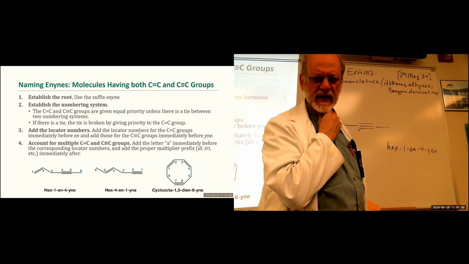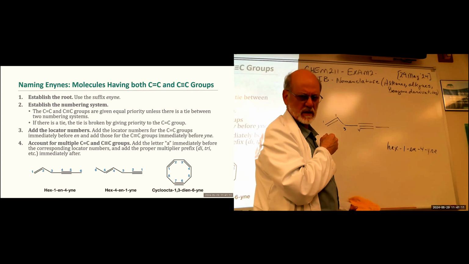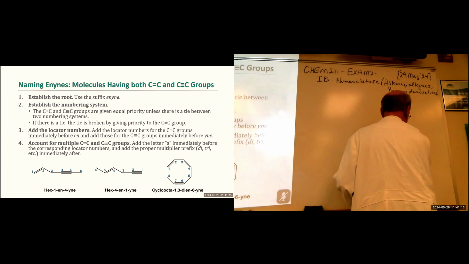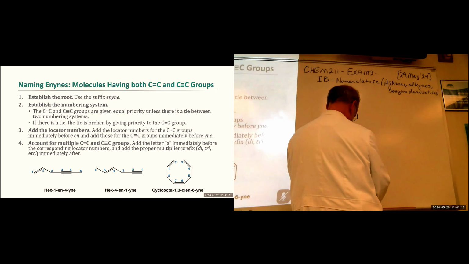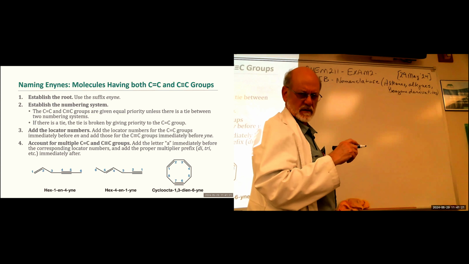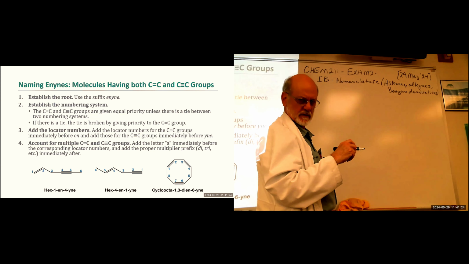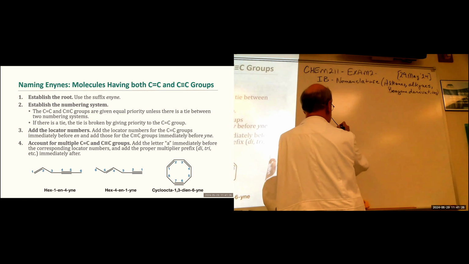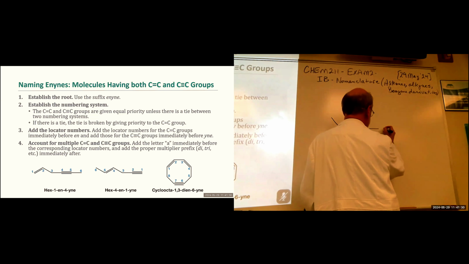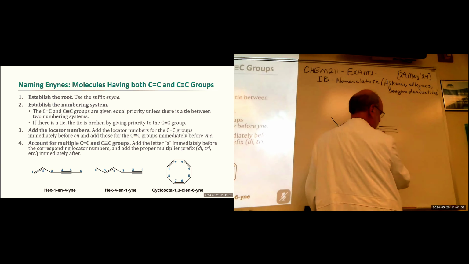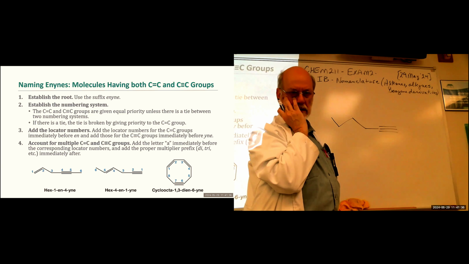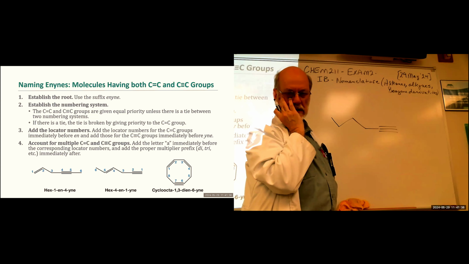Now what do we do with that second one? I guess there's not a tie. There's still 6. But we do 1, 2, 3, 4. And then this one, and then a triple bond on the end. Okay, you're beginning the double bond, 1, 4.